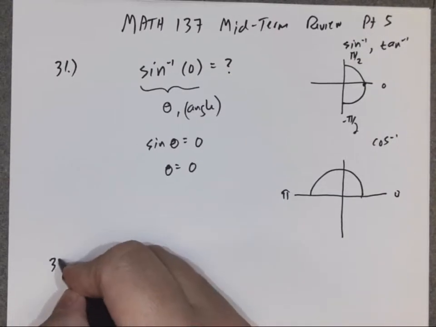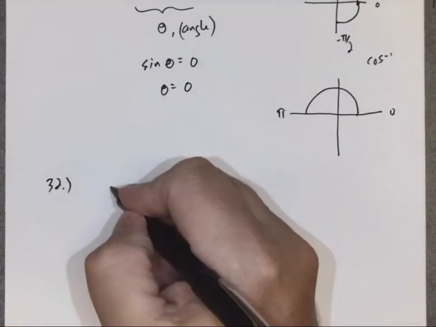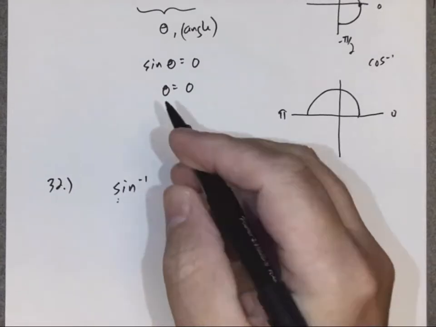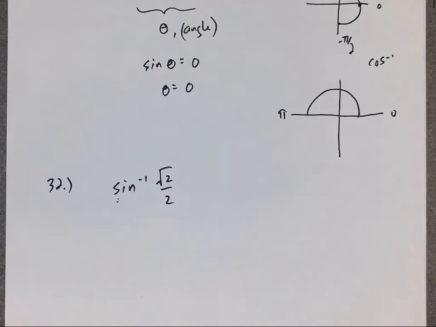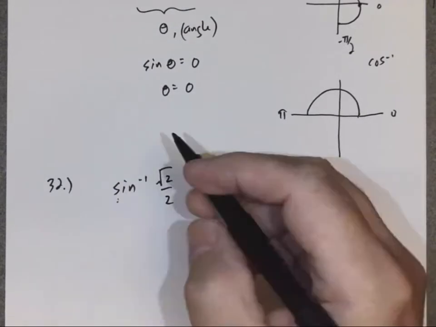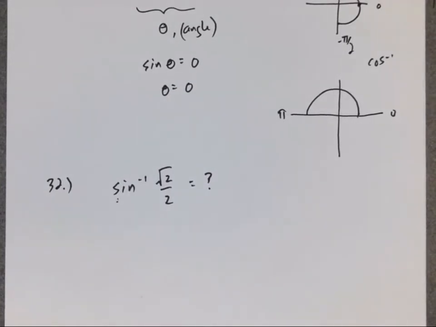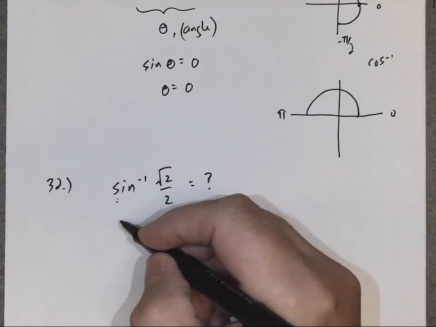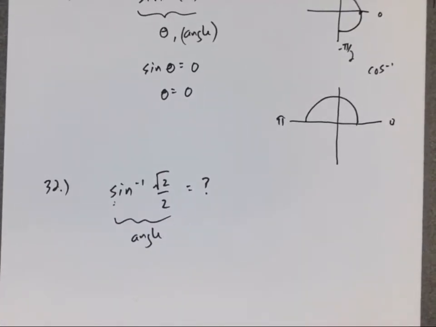32 says they ask for the exact value of the inverse sine of square root of 2 over 2. So once again, I know this whole thing is going to be an angle. So I ask myself, what's the angle that when you take the sine, you get square root of 2 over 2?